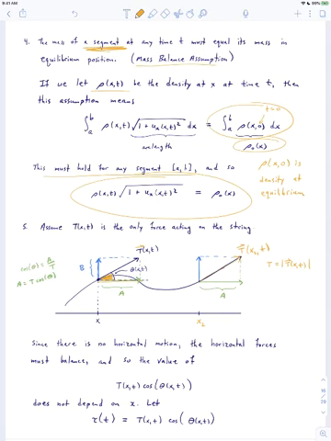Since there is no horizontal motion, the horizontal forces must be the same at point x2 as they were at x. So this length must still be A.